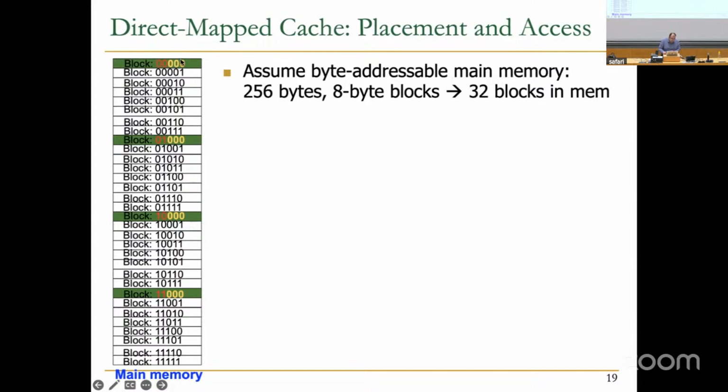You can see that the address we are showing for each block is only 5 bits. We are ignoring the 3 least significant bits of the address, because those 3 bits are used to show which byte we are referring to in that specific block. So your memory address is 8 bits here, but your block address is only 5 bits. Makes sense, right?